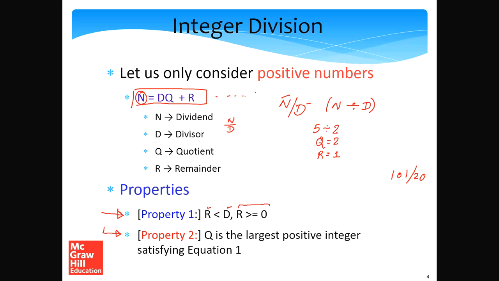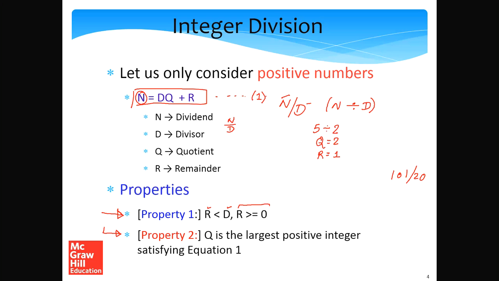I should probably call this equation 1. So the quotient is the largest positive integer, which is also obvious. Again, if I'm dividing 101 by 20, 5 is the largest number that satisfies equation 1 and property 1.